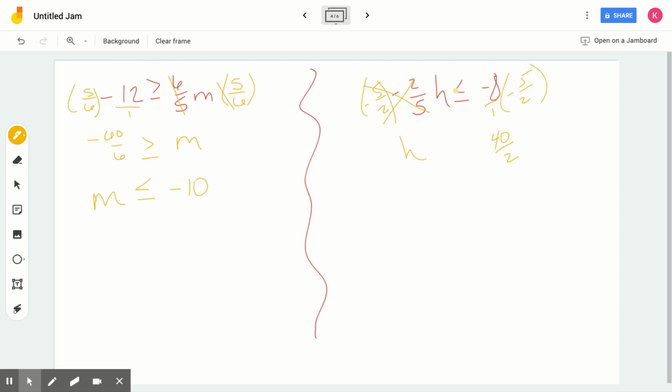Now here we multiplied by a negative, so we have to reverse or flip the symbol. When we do this, 40 can be divided by 2, and we get 20. So h is greater than or equal to 20. Now don't forget to go back and graph those solutions.